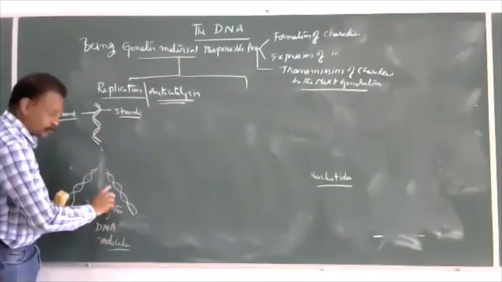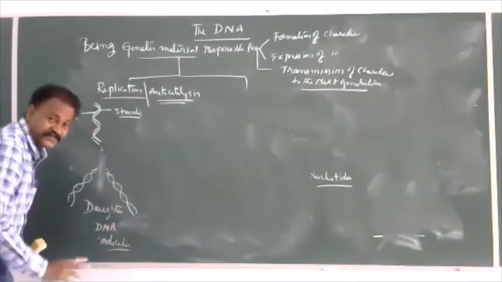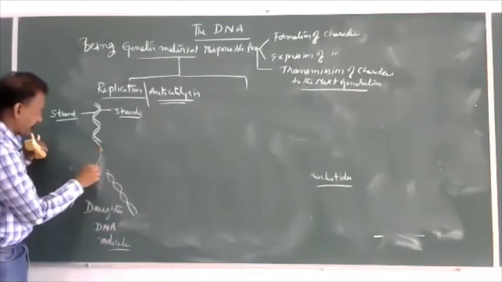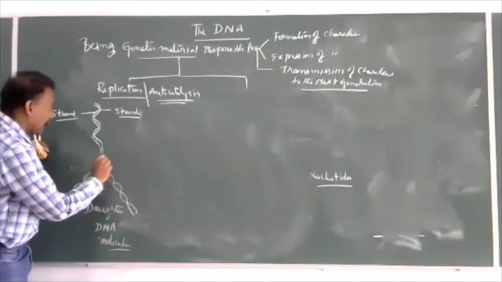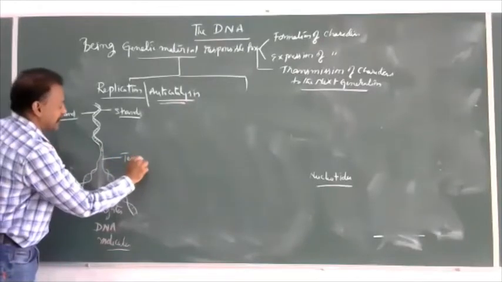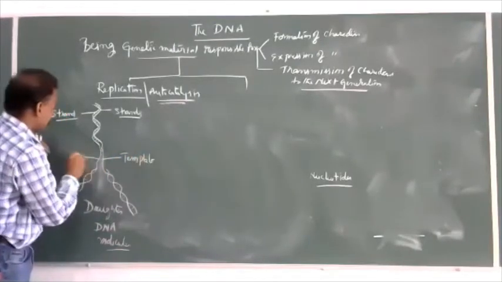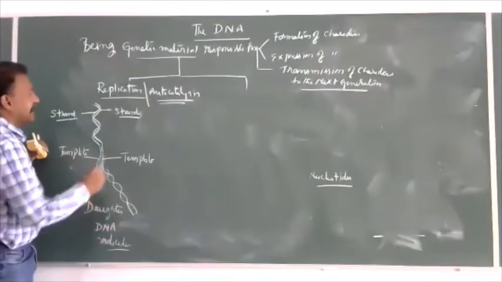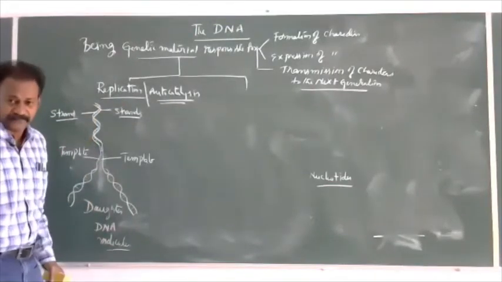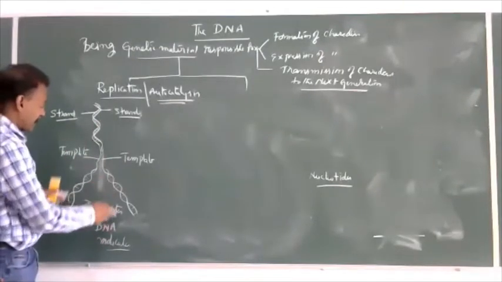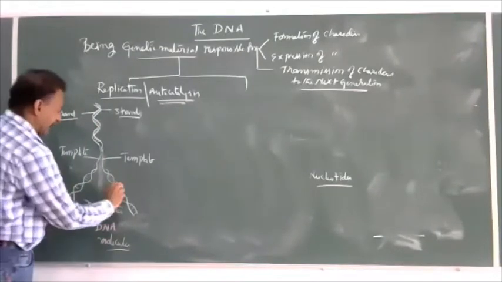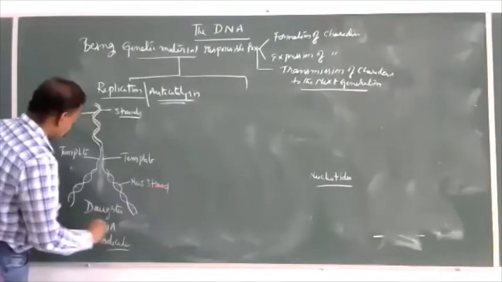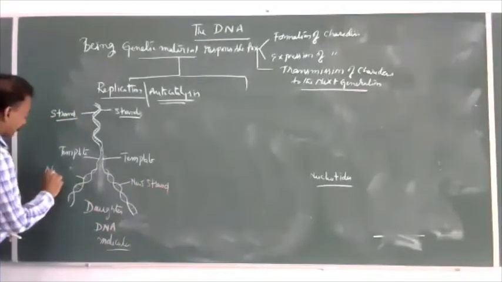Always 1 becomes 2, 2 becomes 4, 4 becomes 8. The two strands which are responsible for formation of new DNA are called template strands. There are two templates in a DNA at the time of replication. Both these templates form a new strand.